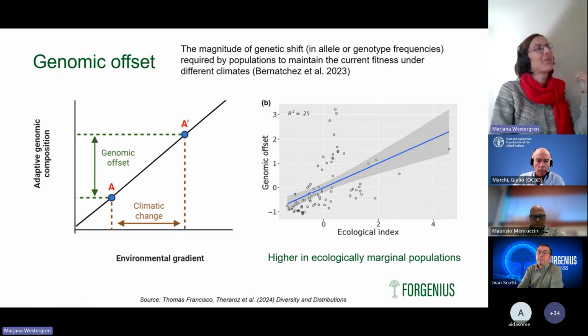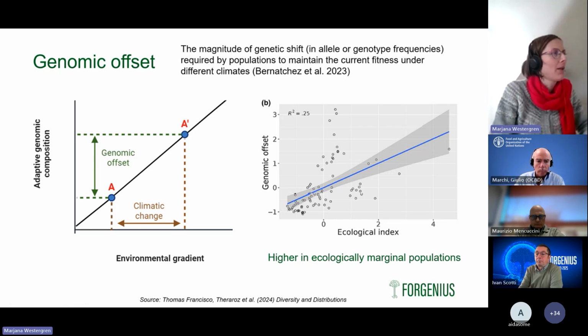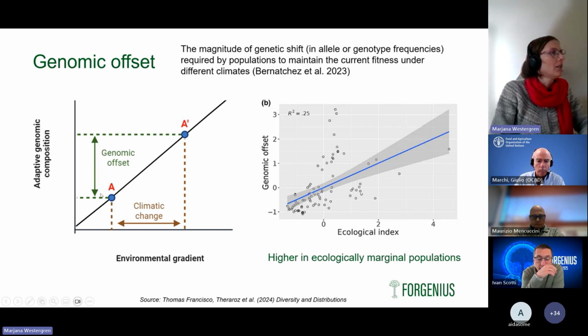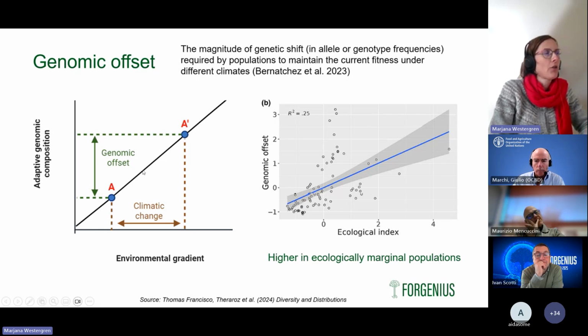Okay, great. So if we are now here in this population in a given climate, this is the genetics behind the adaptiveness of this population. So when the climate changes, we will need the population to be adapted to this climate, and the change between what is now and what will be required in the future is the genomic offset.